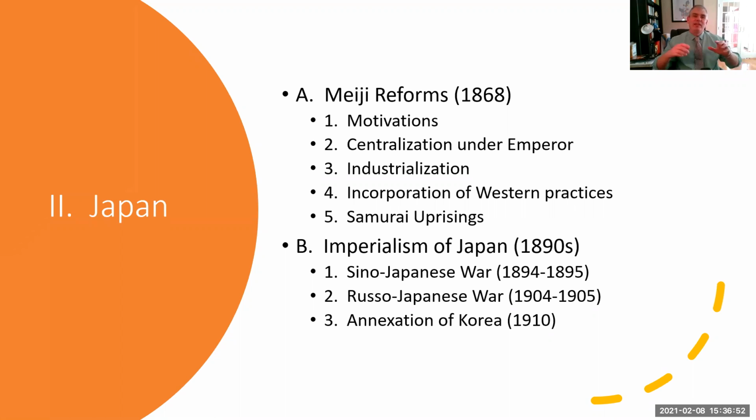So think of it this way: the influence in East Asia, there's a competition between Japan and Russia. The Russo-Japanese War resolves that conflict and allows Japan to be the primary power in the area, which then brings us to the annexation of Korea. Japan in 1910 is going to annex Korea, basically making Korea part of the Japanese empire.